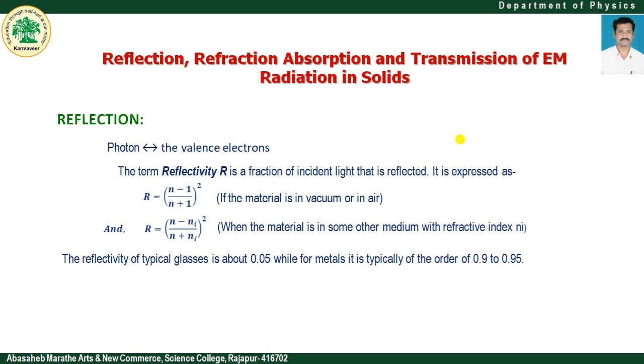Therefore, these metals appear white or silver in color. Now, the term reflectivity, capital R, is nothing but the fraction of incident light that is reflected.